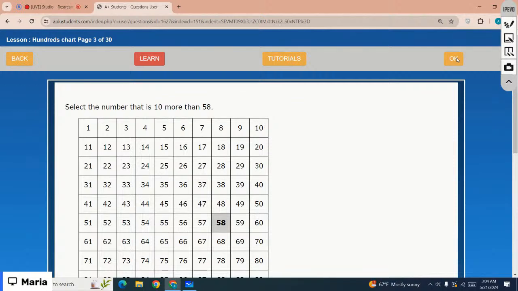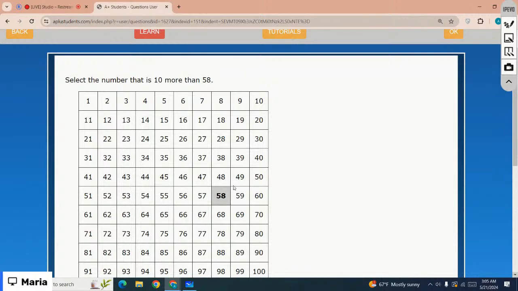Select the number that is 10 more than 58. So which is the correct option? 10 more than 58 means you need to move one down.